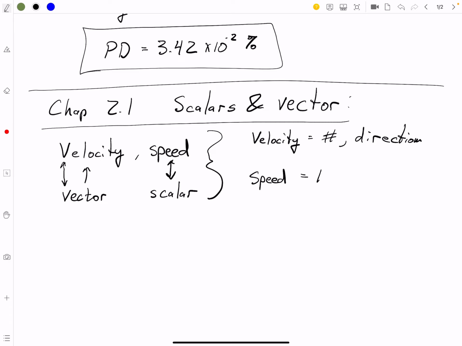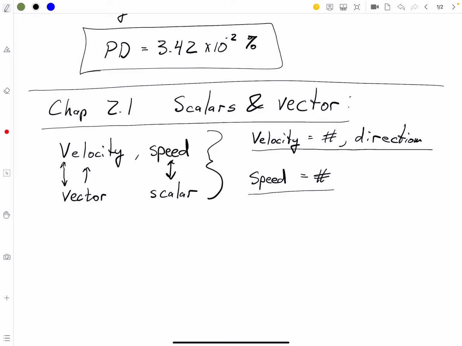Well, that's just your number, and it doesn't matter which way you're going. But if you're doing 75 miles an hour due west, then you have a velocity. Okay? Your velocity is in the westerly direction. If you just have a speed, that's just your speed.